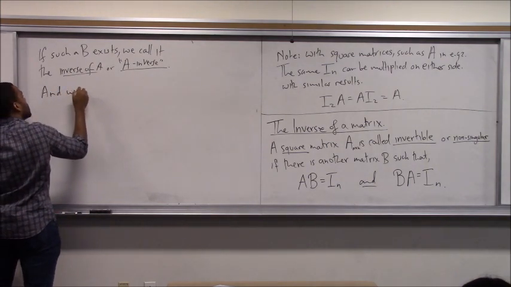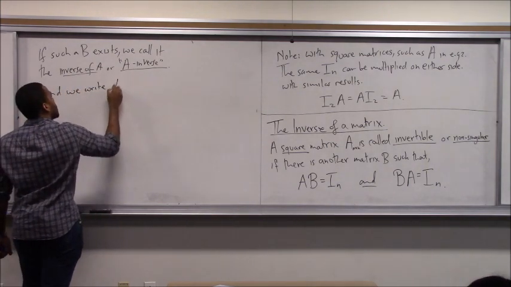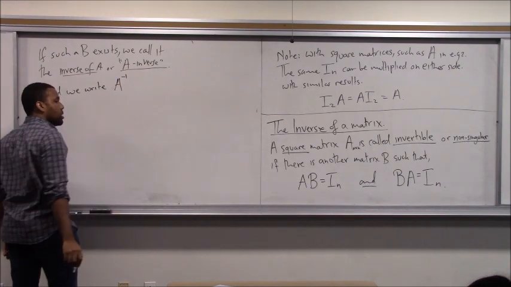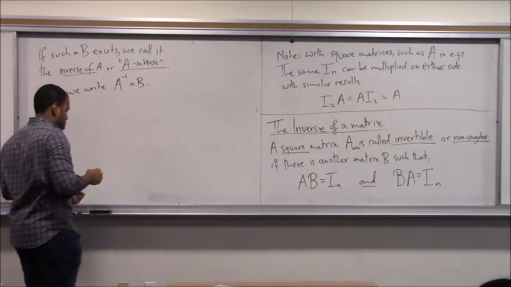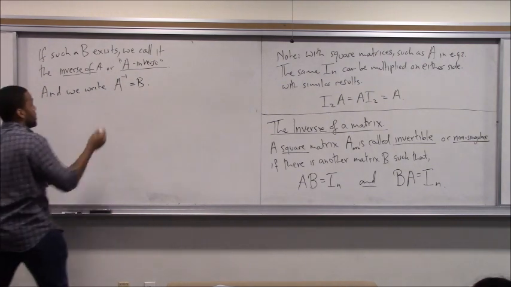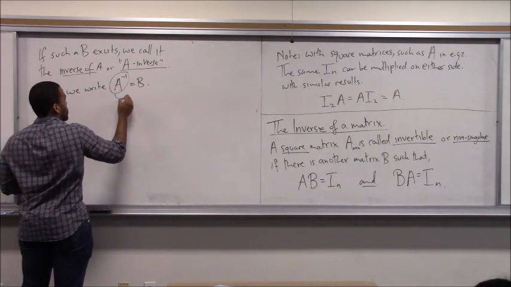And we write A to the minus 1 equals B. Alright, so this is notation. Okay? A to the minus 1. This is notation.